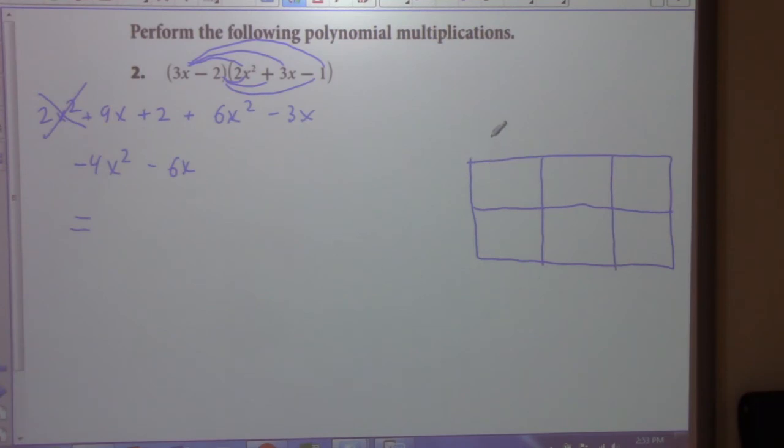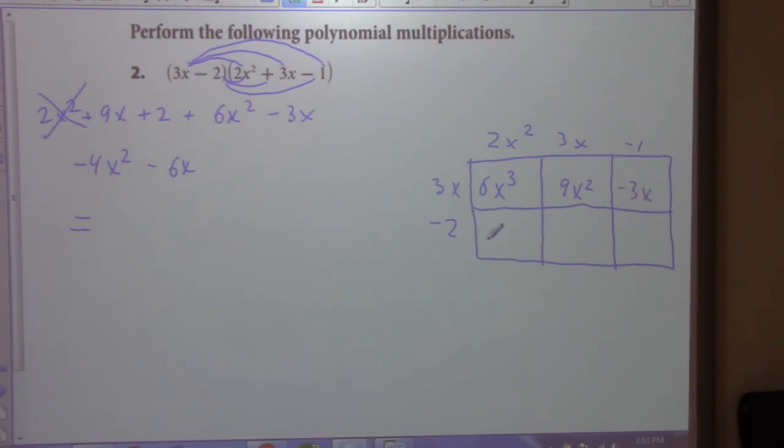Okay, so now you got 2x squared plus 3x minus 1 and 3x minus 2. And so now we have here 6x cubed. And then 3 times 3 would be 9x squared. Then 3 times negative 1 would be negative 3x.